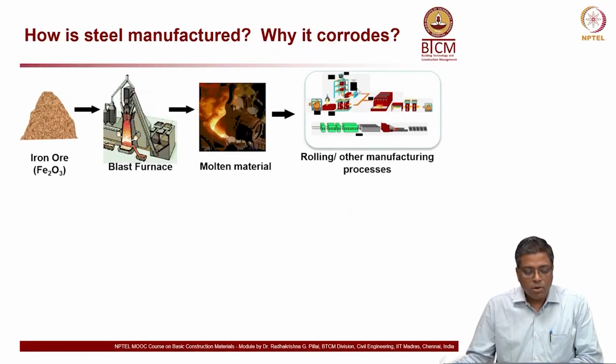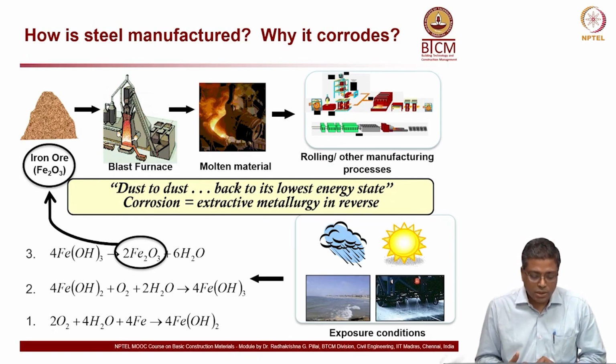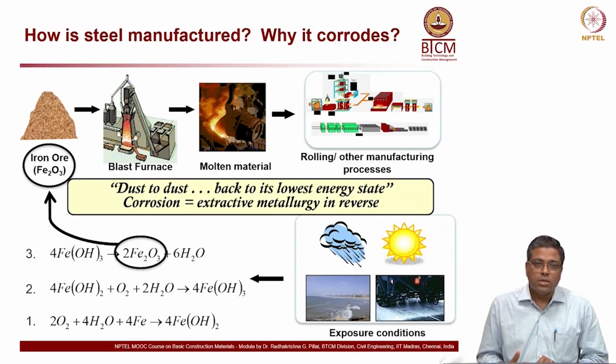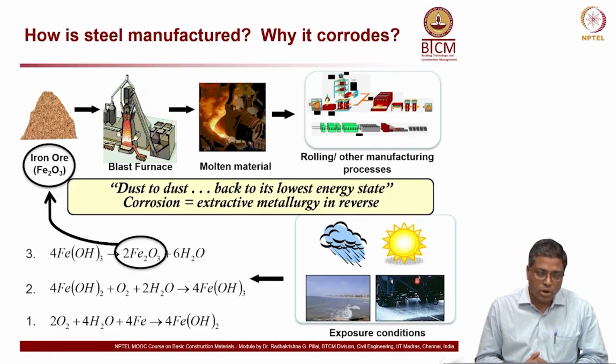Okay. Now, how is steel manufactured? We already looked at it, and why it corrodes, in the previous lecture. Just wanted to emphasize one aspect here, that steel is manufactured from iron ore. Because of the heat treatment and the mechanical treatment given during the manufacturing of the steel, the energy level of steel is higher than that of the iron ore.